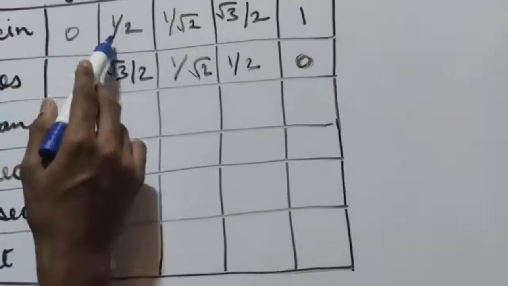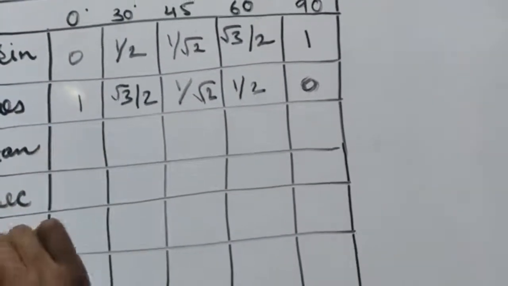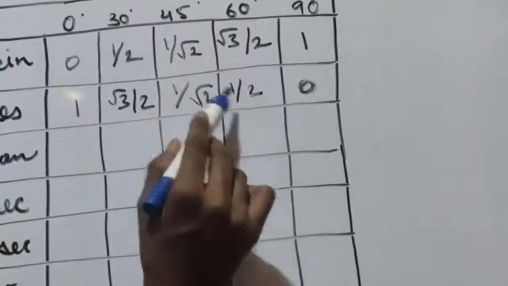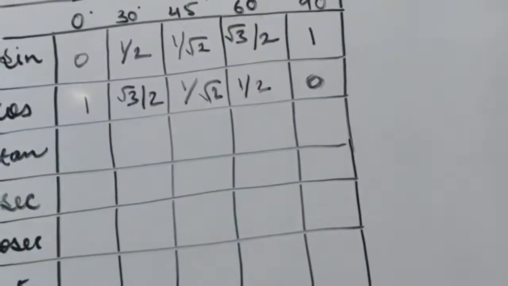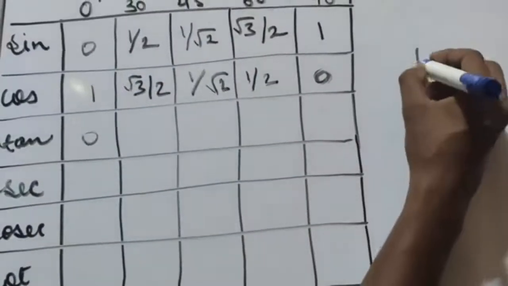So how do we read it? For sine it is 0, 1 by 2, 1 by root 2, root 3 by 2 and 1. For cos it will be 1, root 3 by 2, 1 by root 2, 1 by 2 and 0. Understood? Now what we have to do is just divide this ratio, since tan ratio is nothing but the ratio of sine and cos. Okay, so 0 by 1 it will be 0, then 1 by 2 upon root 3 by 2.